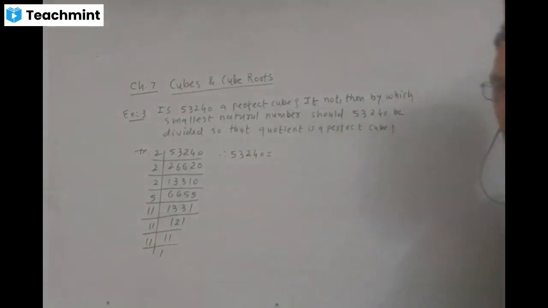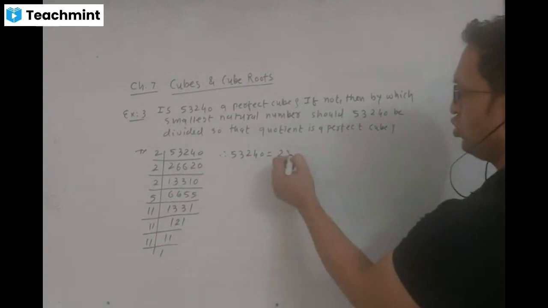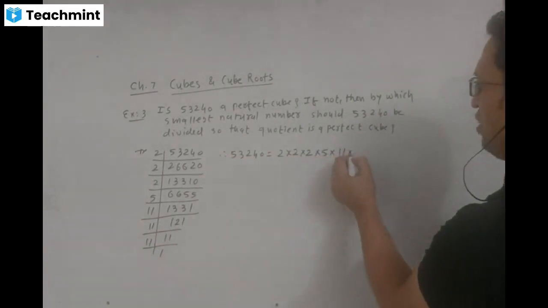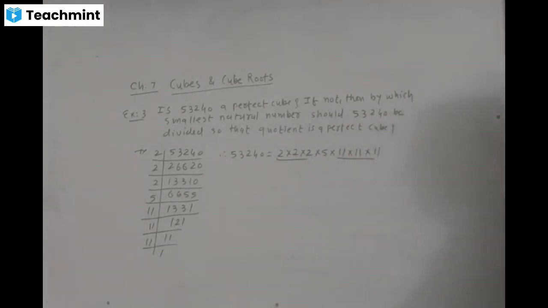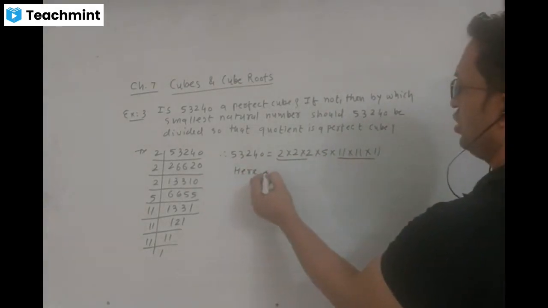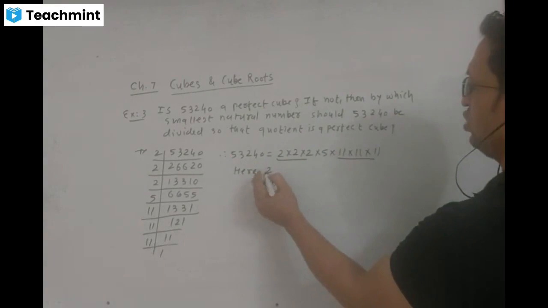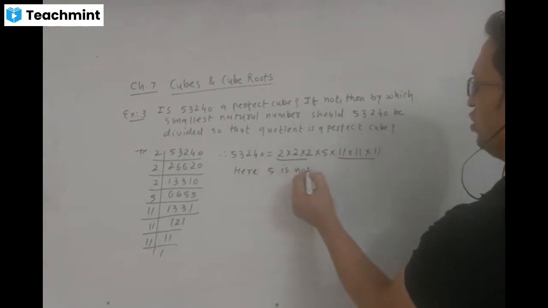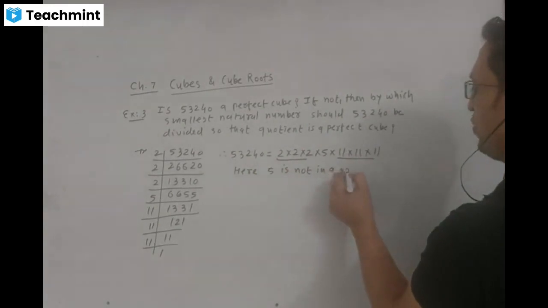Therefore the prime factors of 53240 are 2 multiply 2 multiply 2 into 5 multiply 11 multiply 11 multiply 11. Here 11 and 2 are in a group of 3. Yes or no? Here 5 is not in a group of 3.